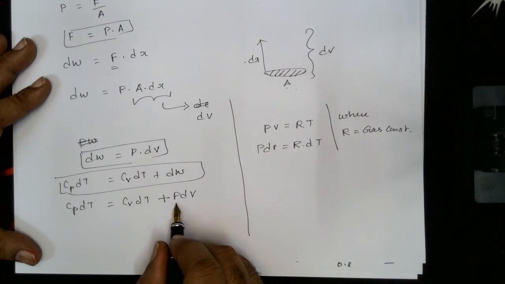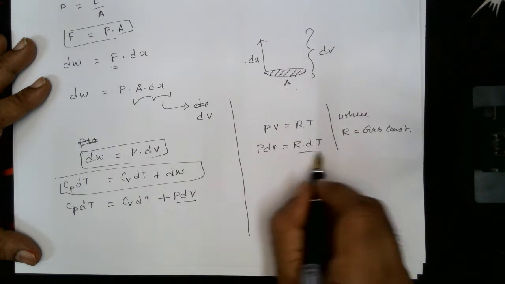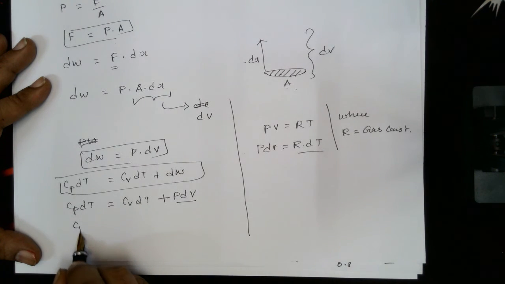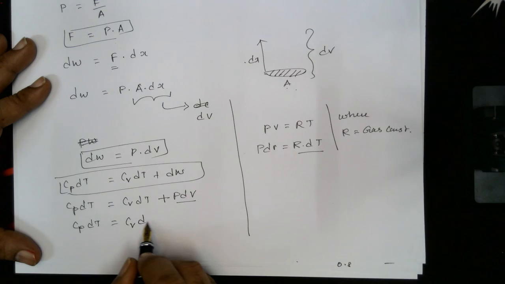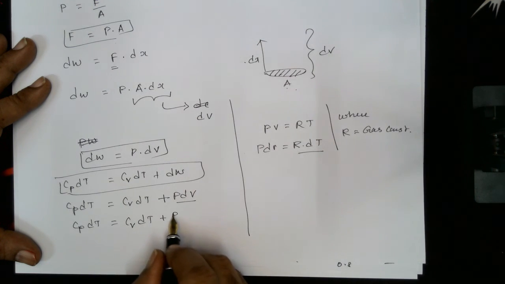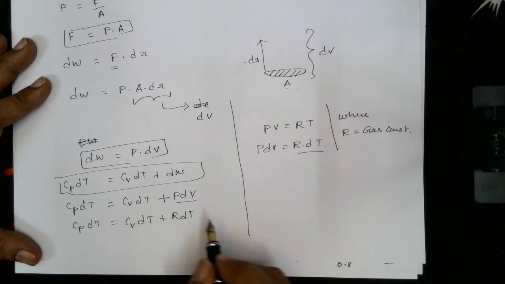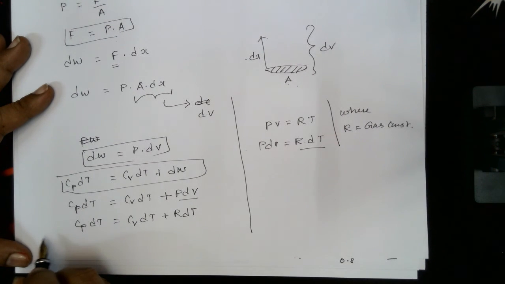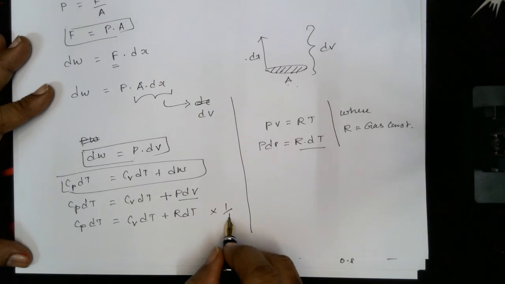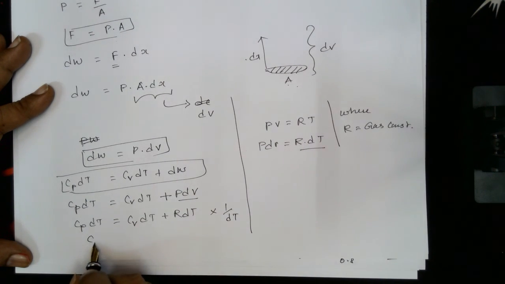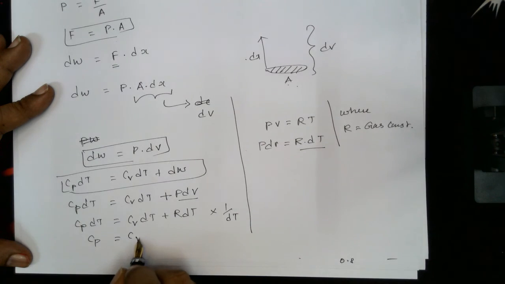So I can replace this p dV by R dt. Therefore Cp dt is equal to Cv dt plus R dt. Now I can divide the entire equation by dt. Therefore Cp is equal to Cv plus R.